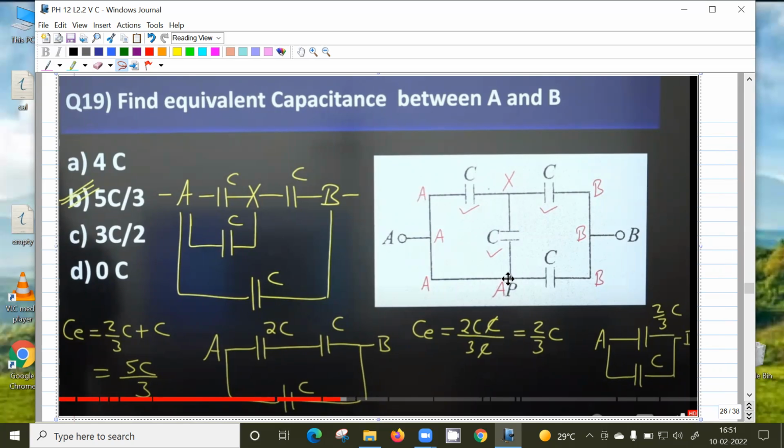So this point potential is same as A, and this point is also B. And here you have to introduce another point, X. So there are 3 points, A, X, B. So you have to redraw this circuit like this. This capacitance between A and X, this capacitance between X and B, this capacitance between X and A. So these two capacitors will come in parallel because they are connected across X and A. And this capacitance between A and B. So this is the equivalent circuit.